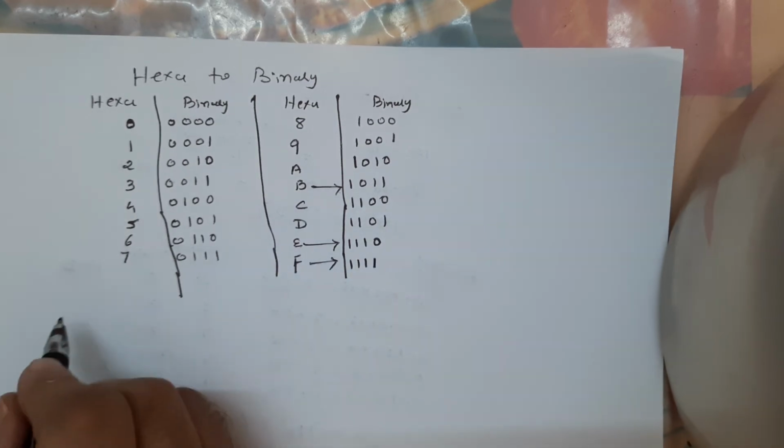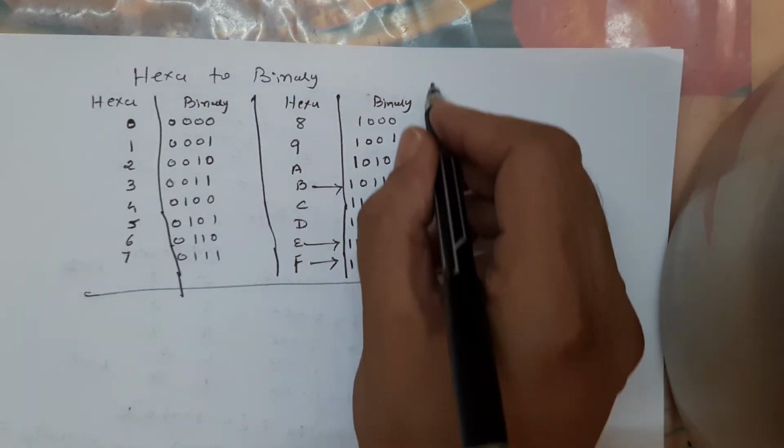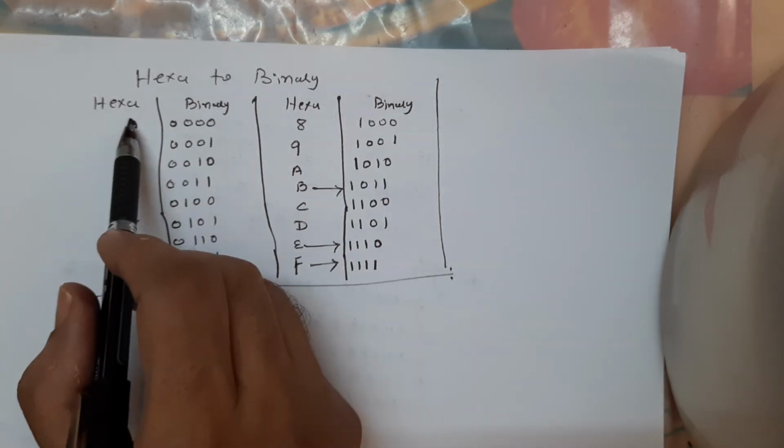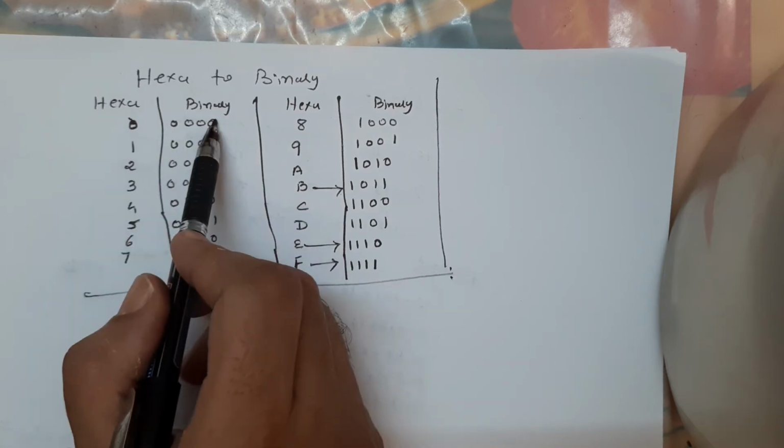Right? You know that. I think you know that. Right? Now the system is very clear. From this hexa value, put the value of binary.